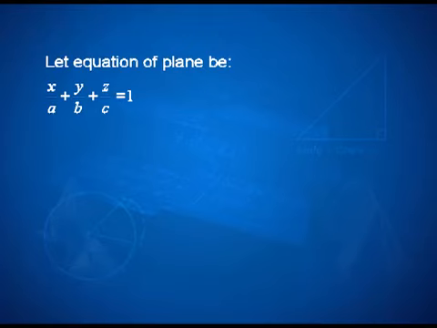Once I understand the plane is cutting the intercepts A, B and C, then using the intercept form of the equation of the plane, I have the equation as x by a plus y by b plus z by c is equal to 1.